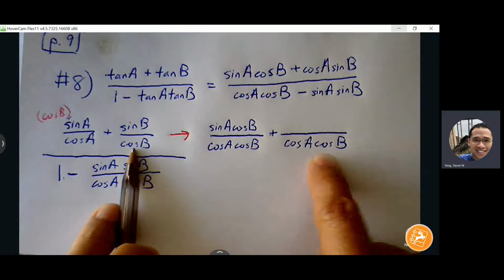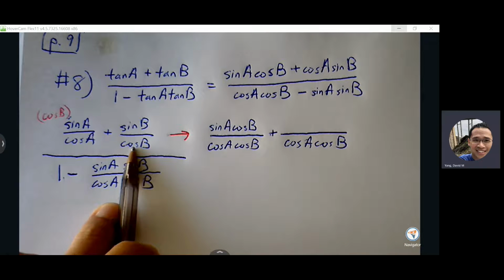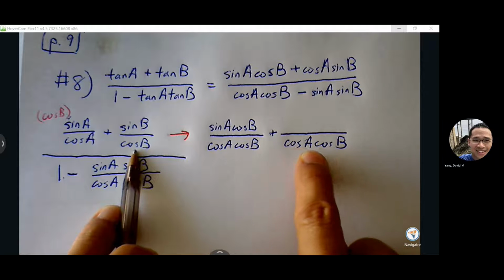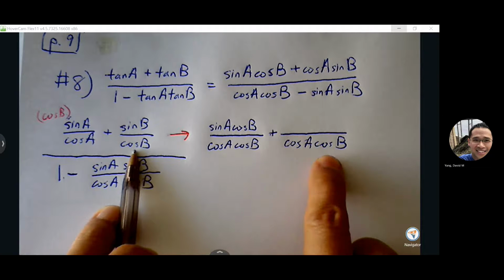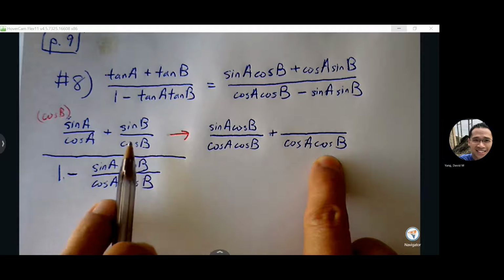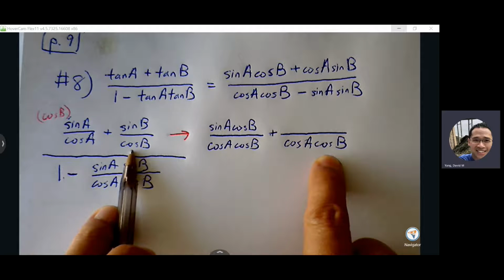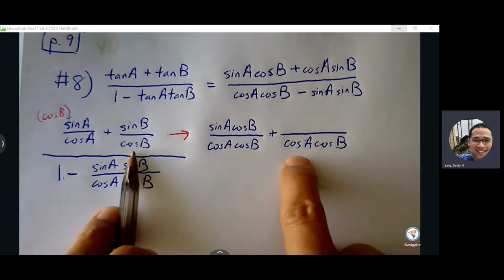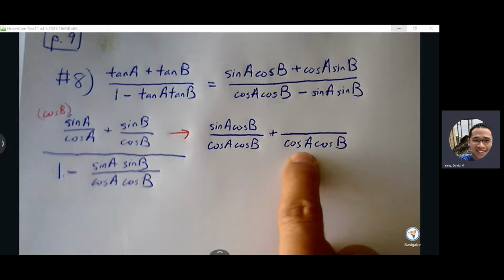All right, between this old denominator and this new denominator, what do I need to add? I need a what? Or what's missing here? Cosine A, right? So whatever's missing is what I need to do to the top.